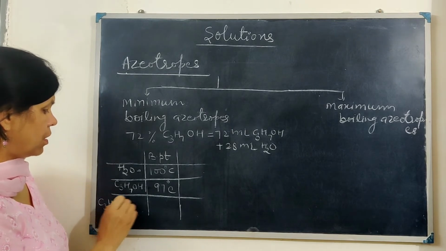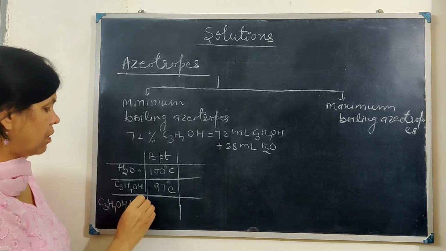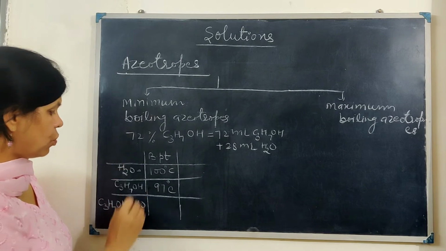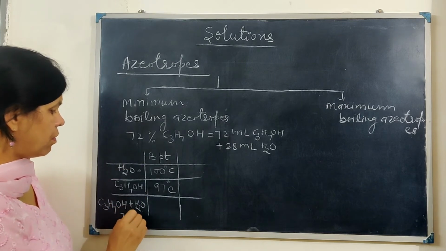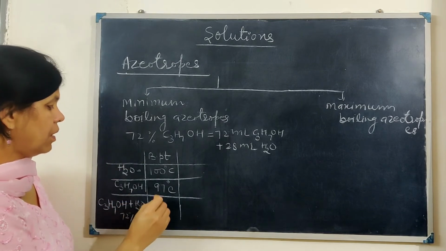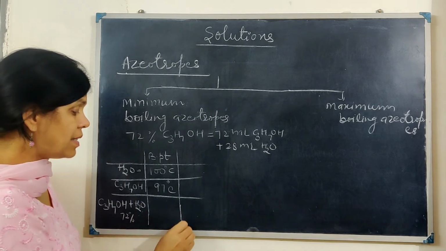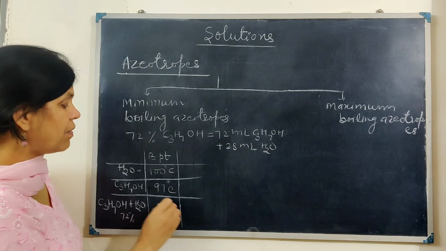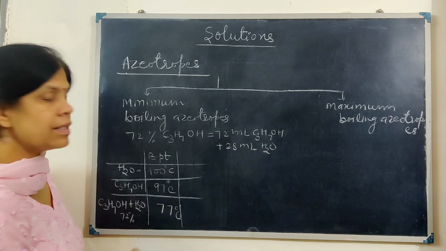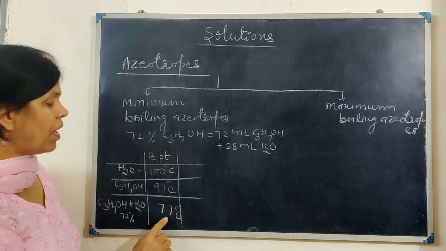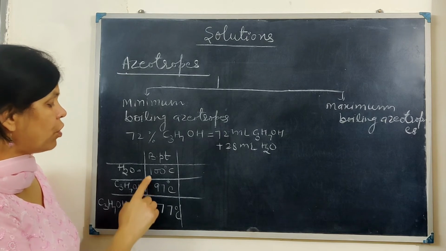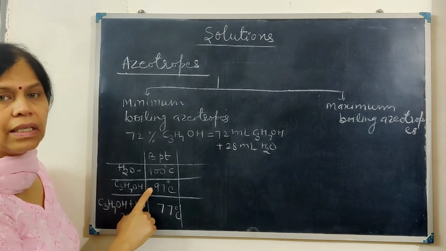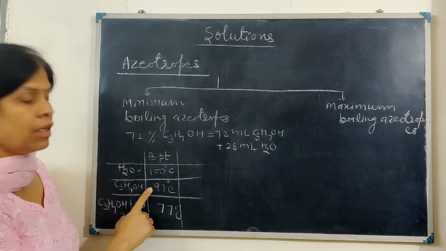In which ratio? 72% of propanol. Surprisingly, its boiling point comes out to be 77 degrees Celsius, which is much lower than the boiling point of water as well as of C3H7OH.